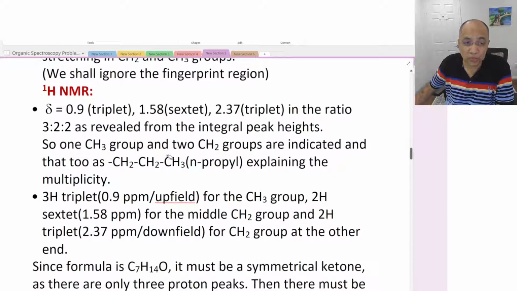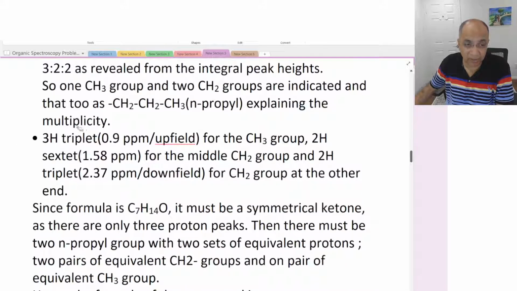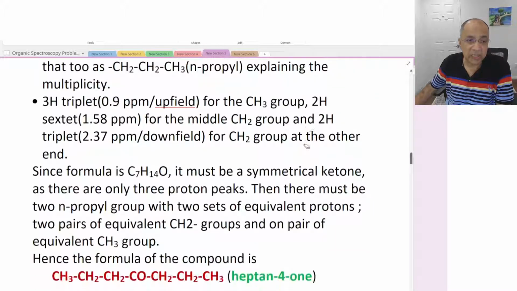One CH3 group and two CH2 groups are indicated, and that should be an N-propyl group, explaining the multiplicity: sextet, triplet and triplet. The upfield peak, 3H at 0.9 ppm, is for CH3, and the middle one is 1.58.